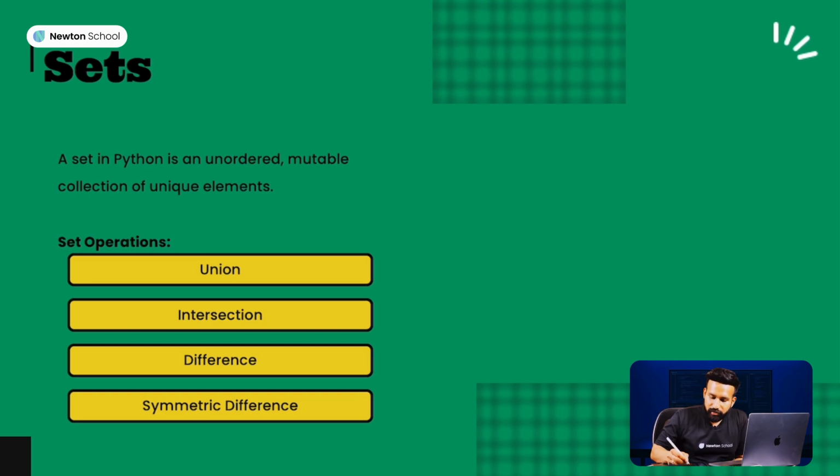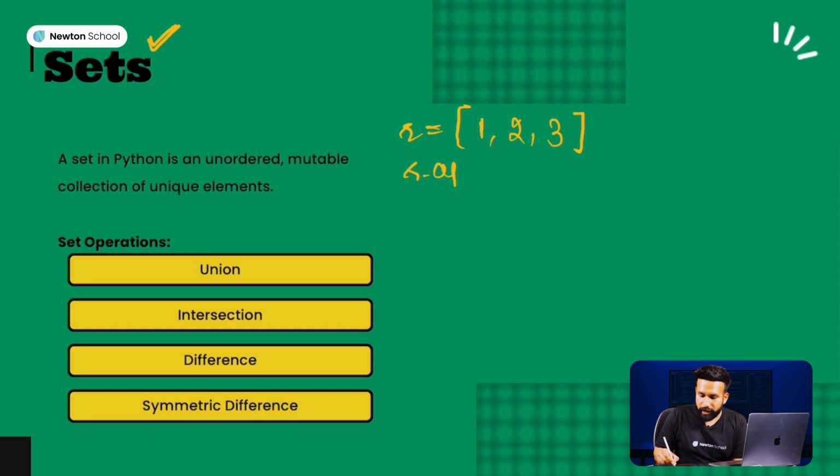Now in this section we will go through another super interesting data structure called sets. You might have learned sets in mathematics also, but let's start from scratch. Let's say I want to store some elements, 1 2 3, and I store it in a list, calling it R. Now I can do something like R dot append, or R dot insert to insert another element.